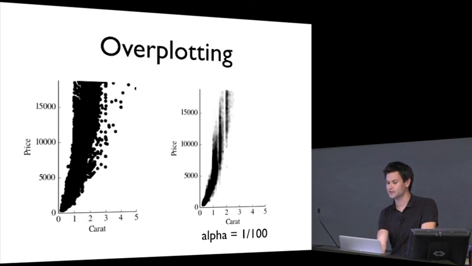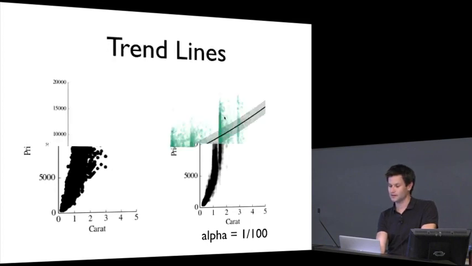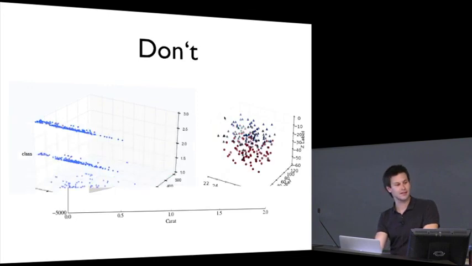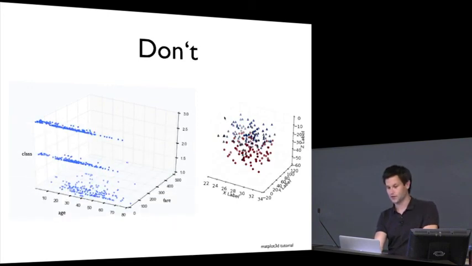But here, it's the price of gold and carat plotted, and you will see that it forms these patterns here. Then you can also add trend lines, and I guess we will talk more about this later in the course, in the next month or so.